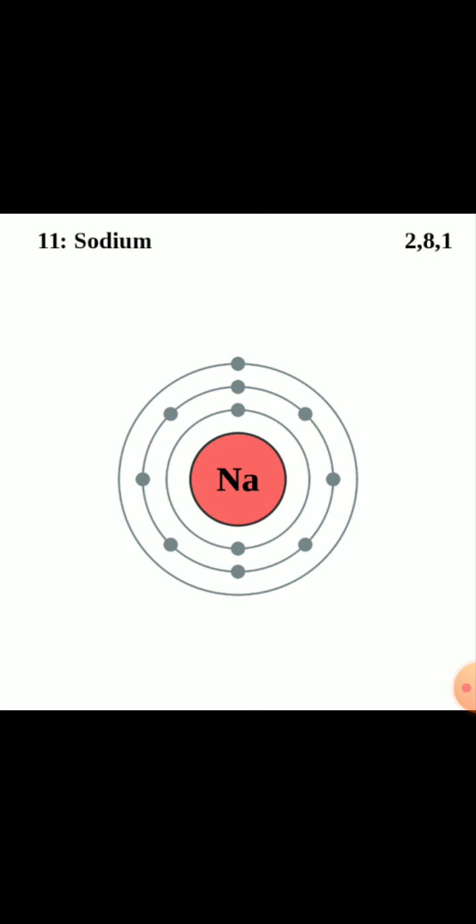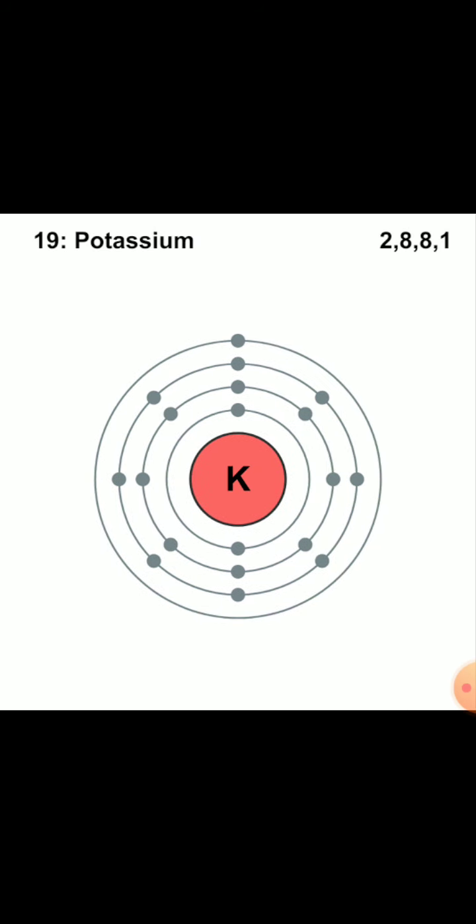So in the first orbit 2, in the second orbit 8 and in the last, third orbit, 1 electron. If I talk about potassium, it has atomic number 19. So in the first orbit 2, second orbit 8, third orbit 8 and the next orbit 1 electron.